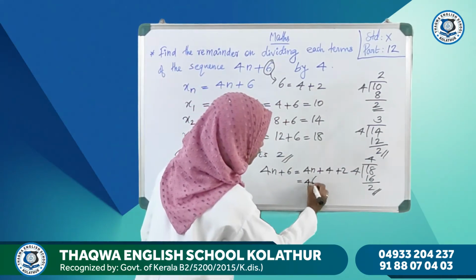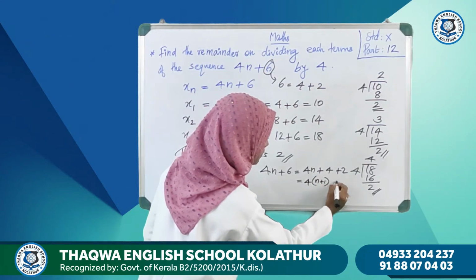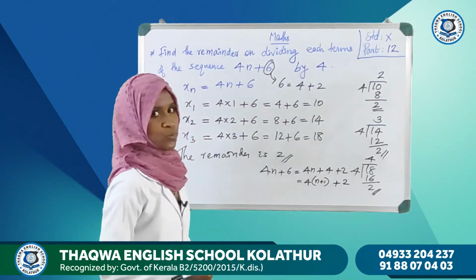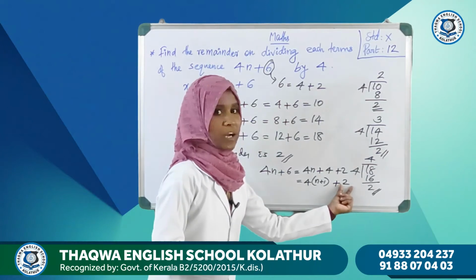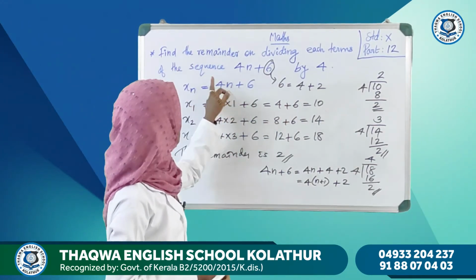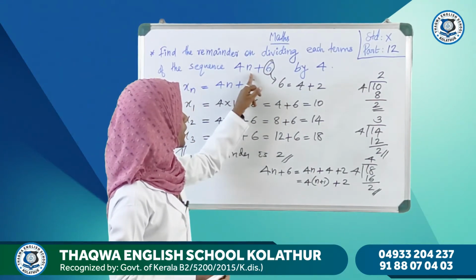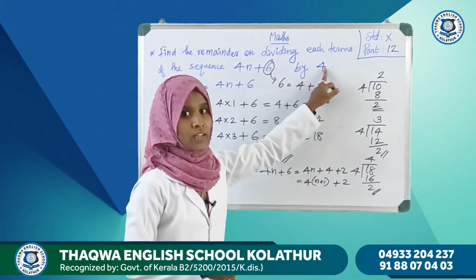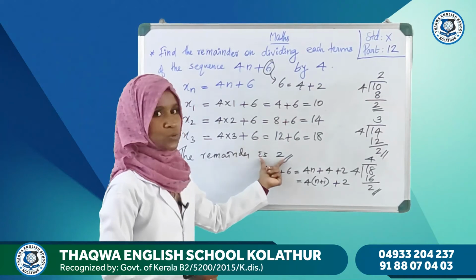That is 4 into n plus 1, plus 2. Here the remainder is 2. So if we divide each term of the sequence 4n plus 6 by 4, the remainder is 2.